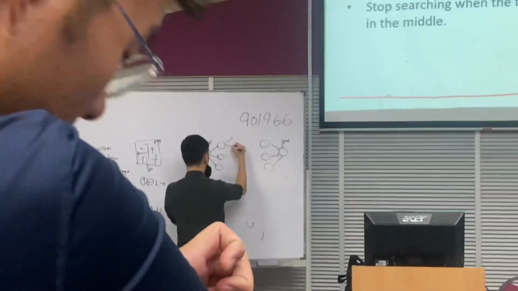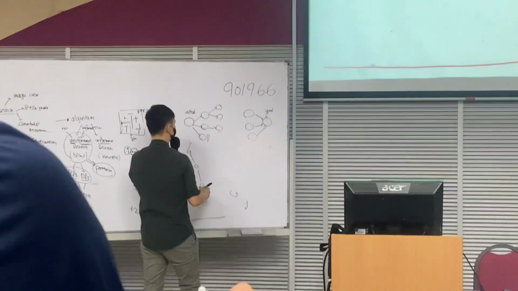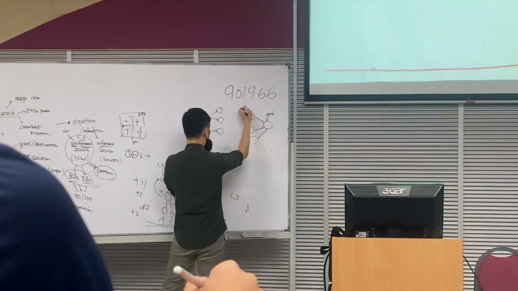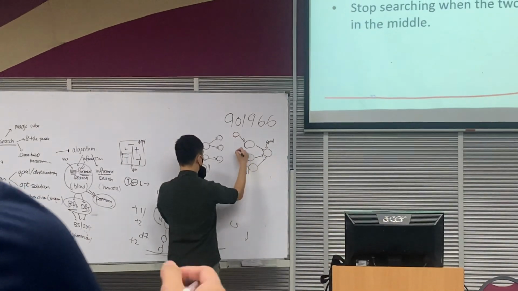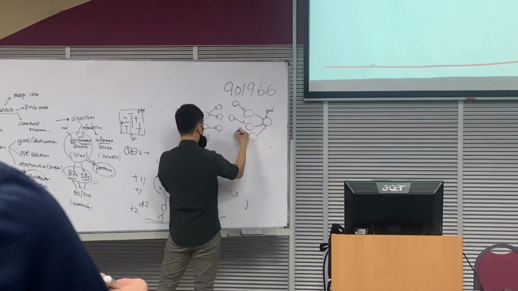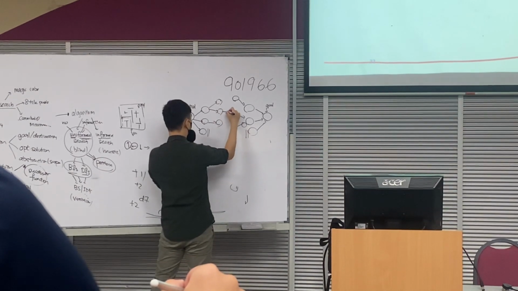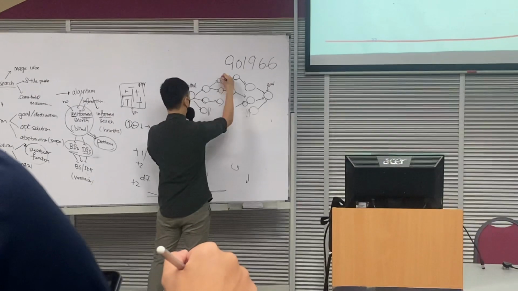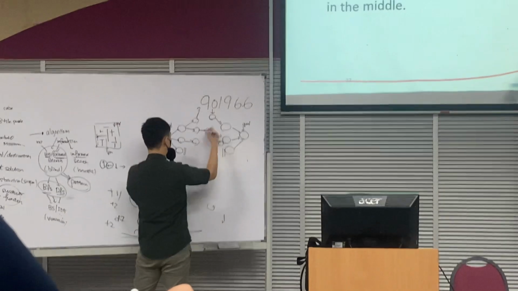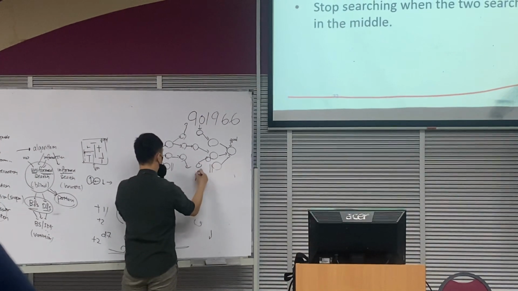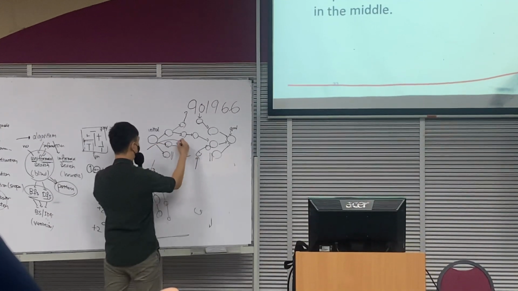Then we continue to the second level. Maybe this comes from the 1, and this is another 1, this is another 2, and then we continue. Maybe this meets this part, right? So this goes one way and this goes the other way around. Then we know that this will be our solution.